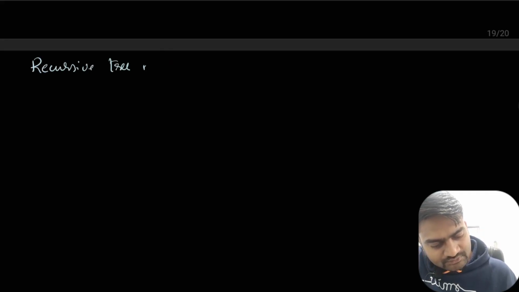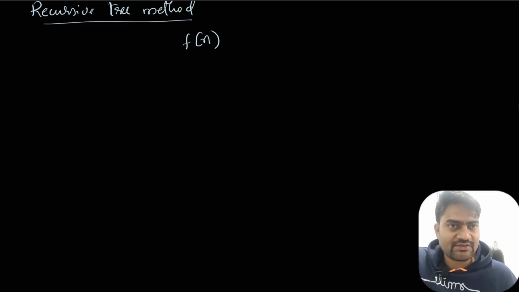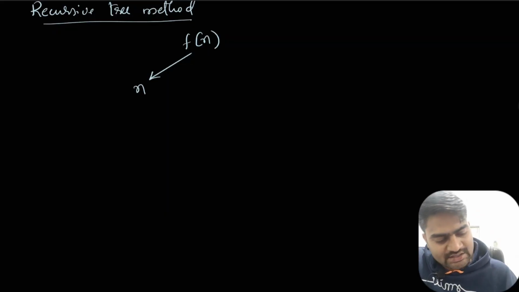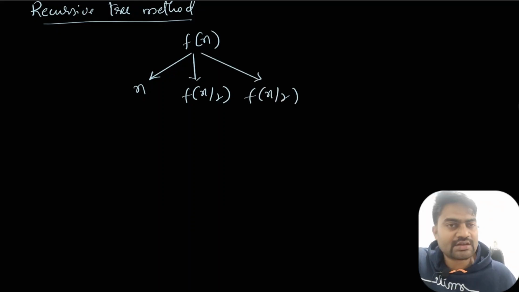Now for the recursive tree method, what is happening? We have f of n, correct, right? Now what it does, it will do n amount of work, then it will call f of n by 2, one more f of n by 2, correct, right?